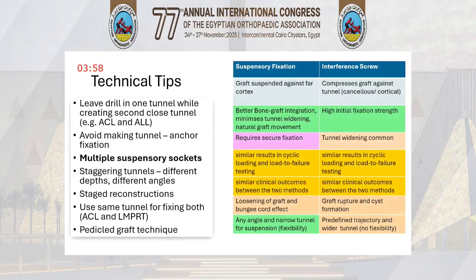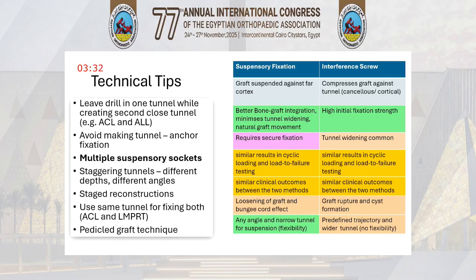In suspensory fixation, the graft is suspended against the far cortex, while interference screw compression compresses the graft against the tunnel. Suspensory fixation has better bone graft integration and minimizes tunnel widening, and it requires secure fixation, and loosening of the graft and bungee cord effect are present with suspensory fixation.